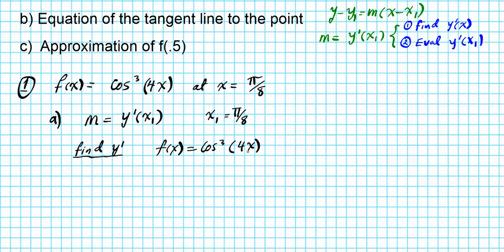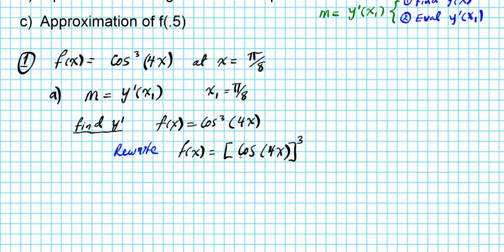So this is a standard notation, but when you want to carry out the differentiation, you have to rewrite it. If I rewrite this function, I'm going to have f of x equals cosine of 4x raised to the third power. So you can clearly see that the cubic is the outermost function, followed by the cosine and then the linear function 4x.